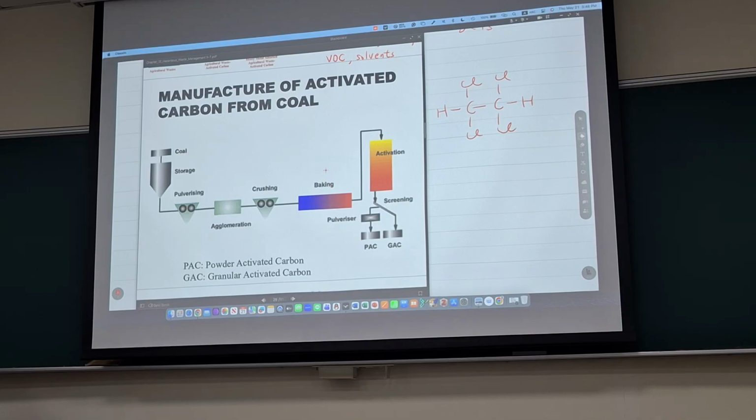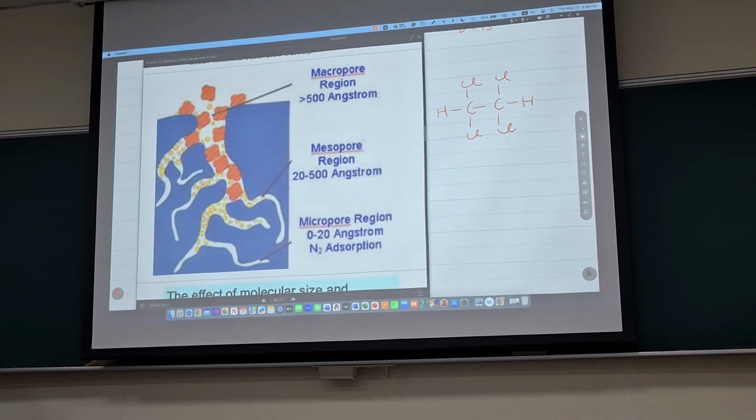This is the manufacturing process of activated carbon from char.